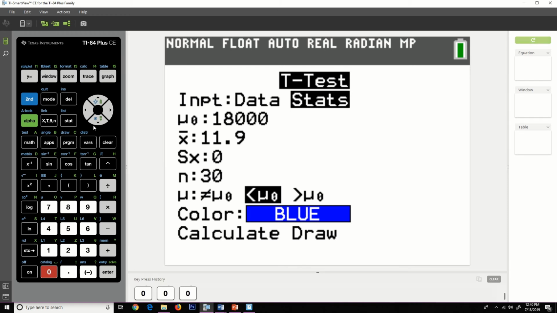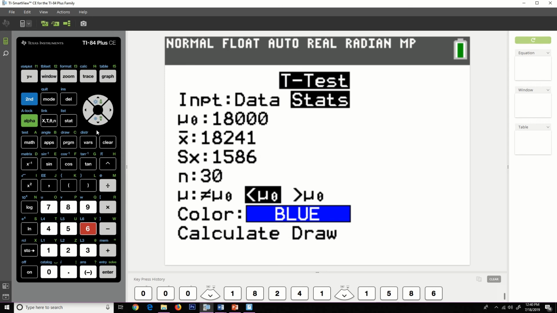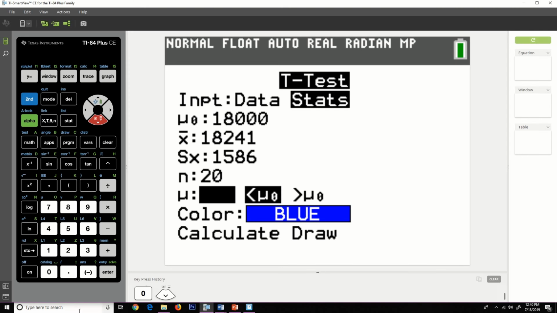The sample mean that we came up with was 18,241. Our sample standard deviation was 1,586. We had a sample size of 20, and we are trying to show that it is not equal to. That is what the alternative hypothesis is.